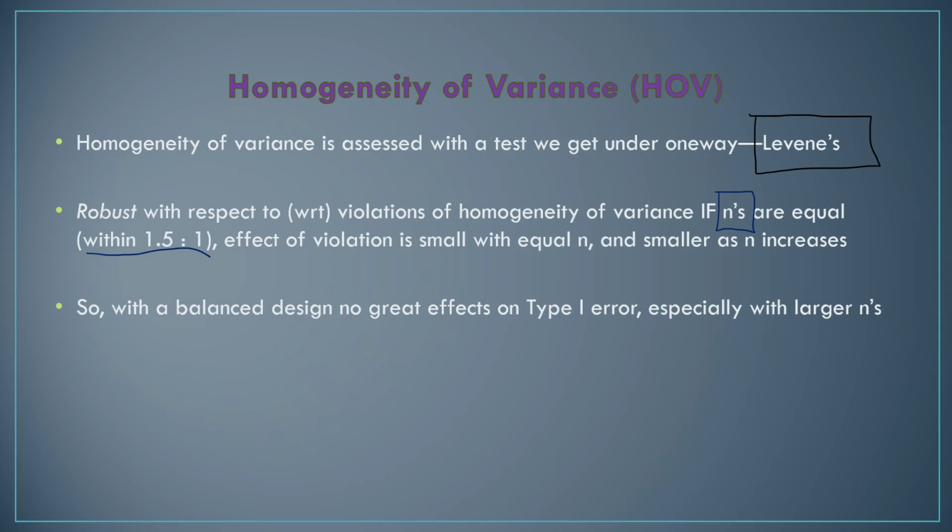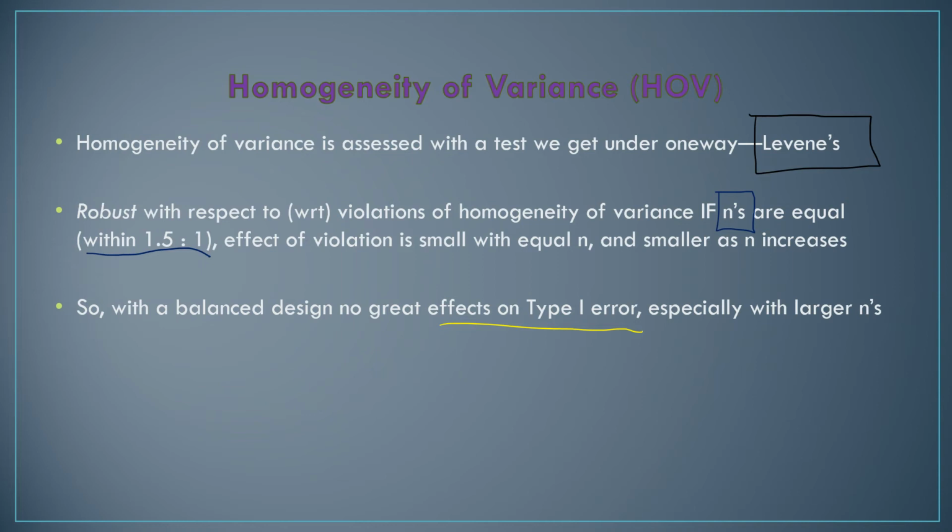And so it's really important to understand what your sample size is as a whole, and also the sample sizes within each of your groups and how those are balanced. If you have a balanced design, then you are less likely to have a violation of homogeneity of variance, and so you have less effect on the type 1 error, where the type 1 error is that false positive error.